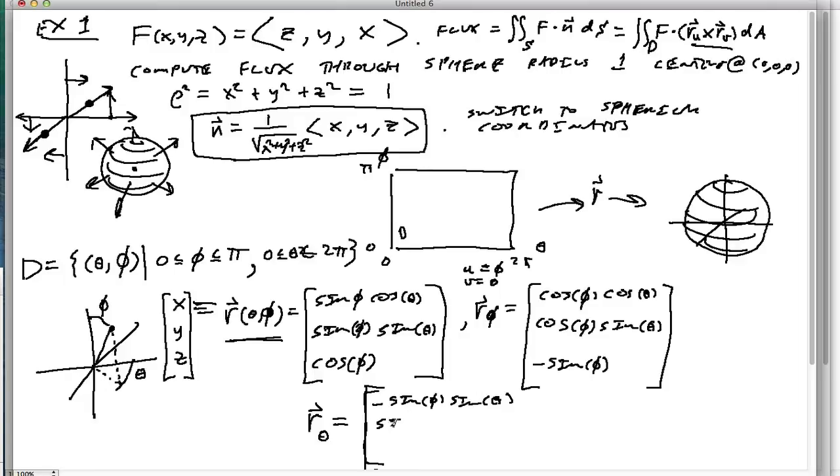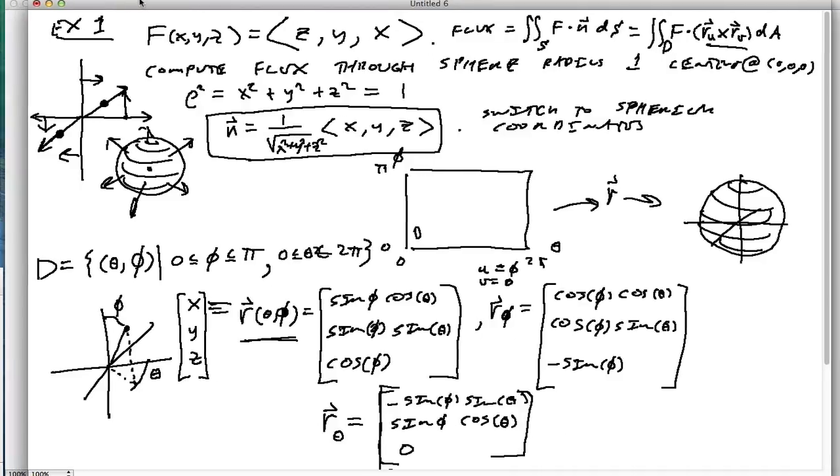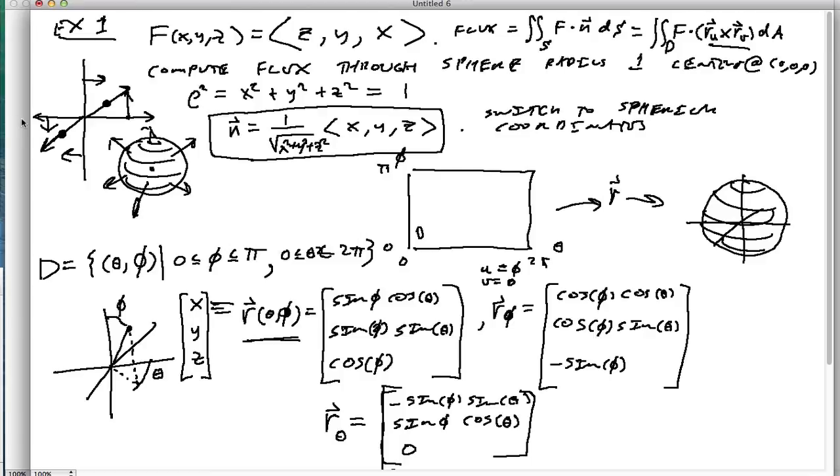It'll be sine phi cosine theta, because we're taking the derivative of sine, it'll become a cosine. And finally, the derivative with respect to theta of the z coordinate will just be 0. Okay, good. So now we have those two. What we have to do now is take the cross product. So let's do that really quick.